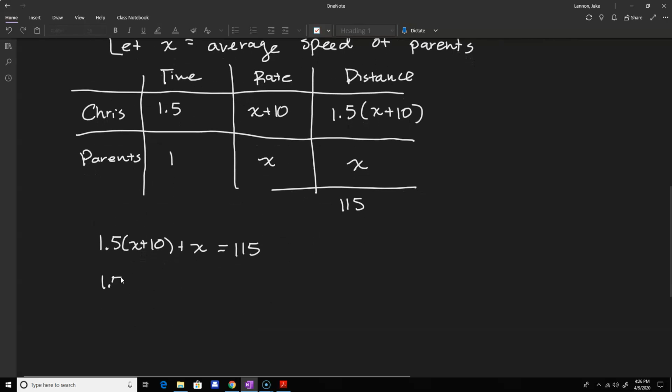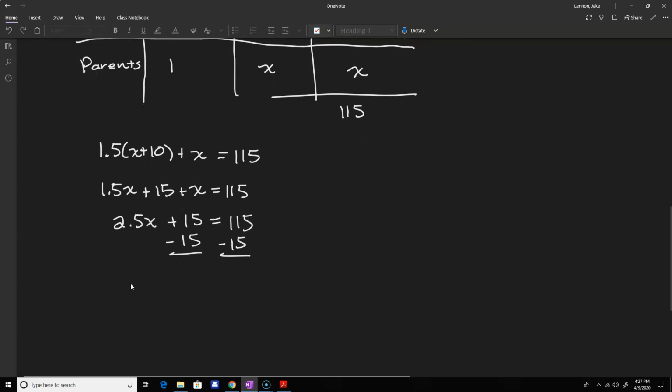So we get 1.5x plus 15 plus x equals 115. So 1.5x plus x adds up to 2.5x plus 15. That equals 115. And then we want to subtract 15 on both sides. So we end up with 2.5x equals 100.